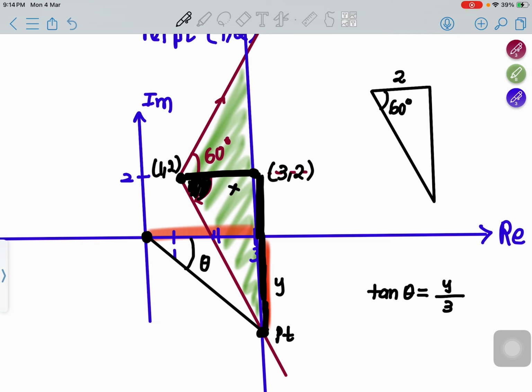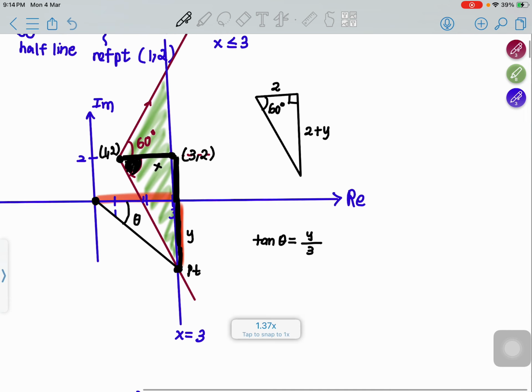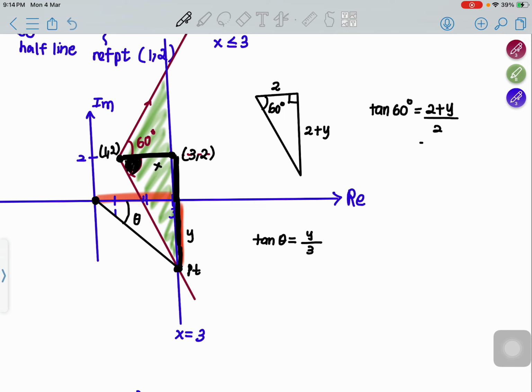So you can easily find the y value using this right-angled triangle. Let's try. Tangent 60 is equal to opposite over adjacent. Now you can put it in your calculator. What is your tangent 60? Root 3. Therefore my y value is 2 root 3 minus 2. You can write this in decimal, but I just want to keep it in exact form.